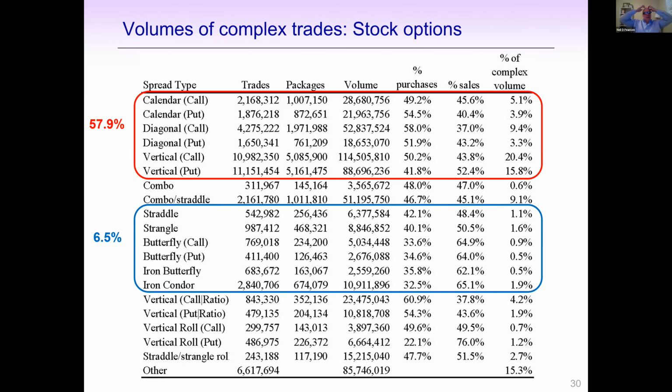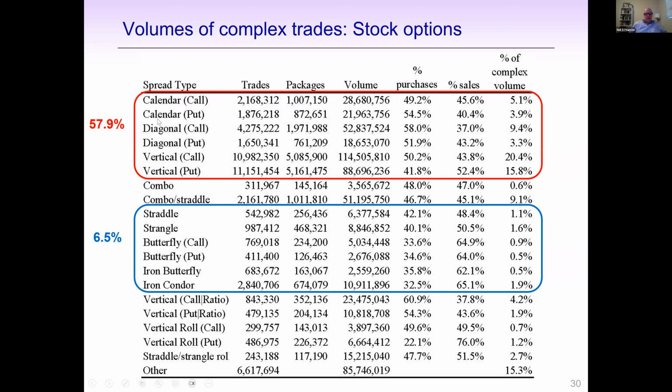Okay, some initial summary statistics. One of the findings is that relatively simple spread trades account for about 60% of volume. And if you look at trades that look like they're intended to roll simple spreads, there's some more volume there.